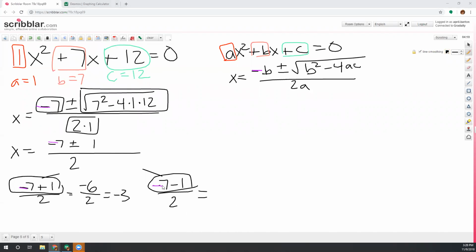If we do the negative 7 minus 1 over 2, what are we going to get next? Good. Negative 8 over 2. And then we do our division again and get our answer of negative 4.